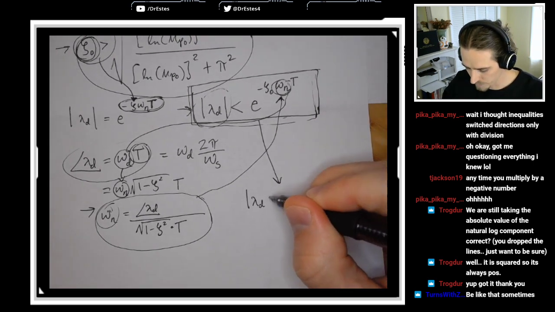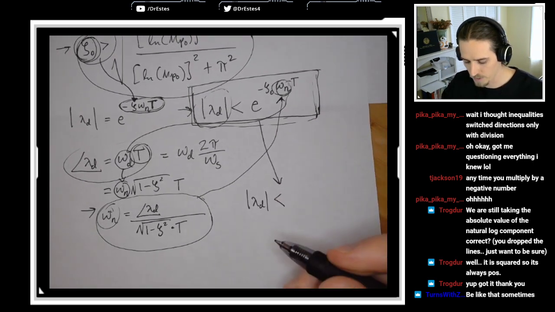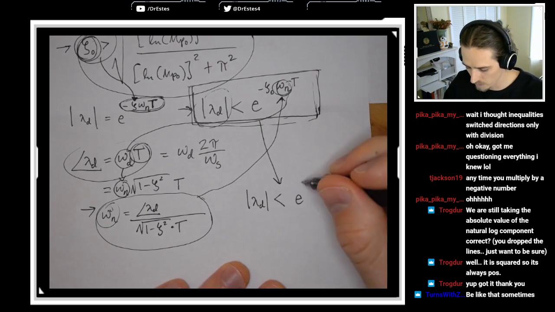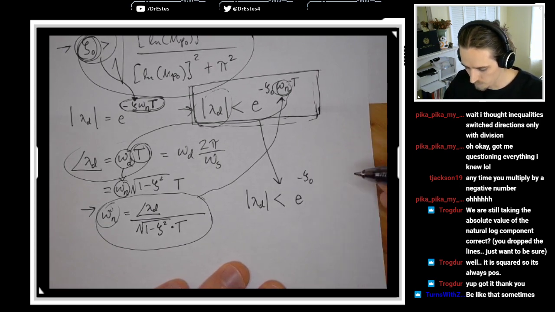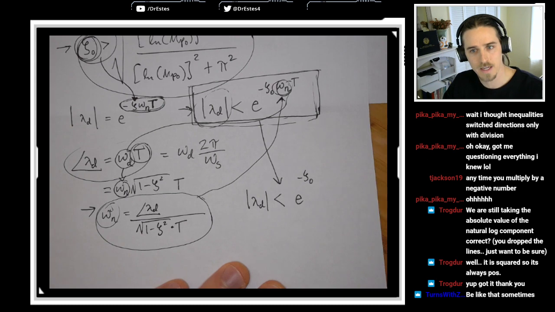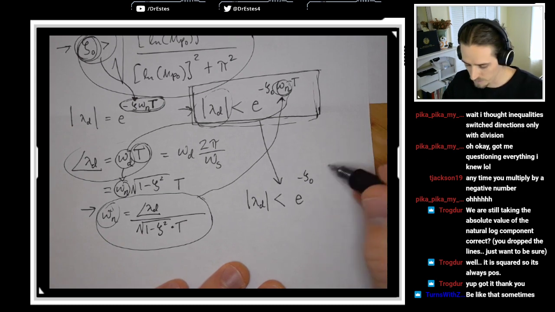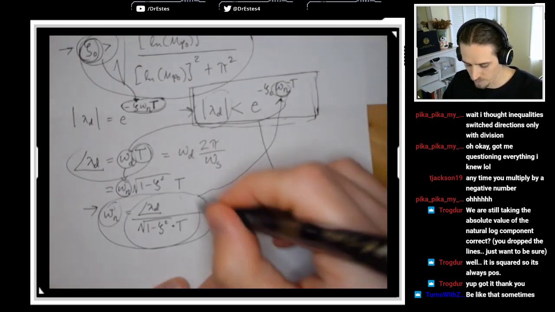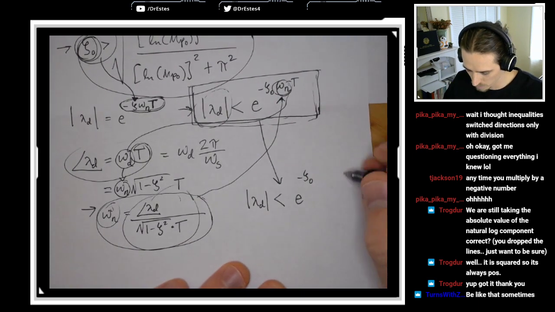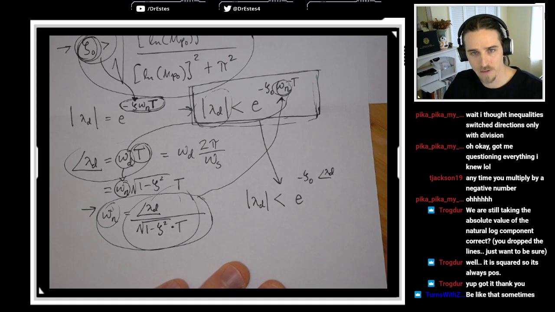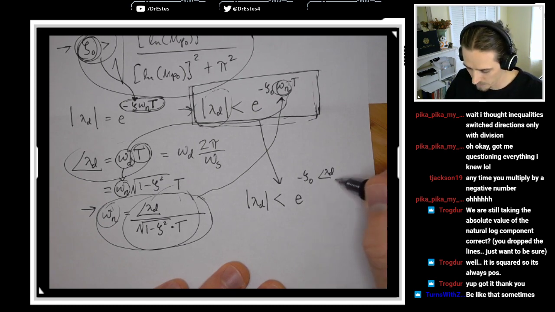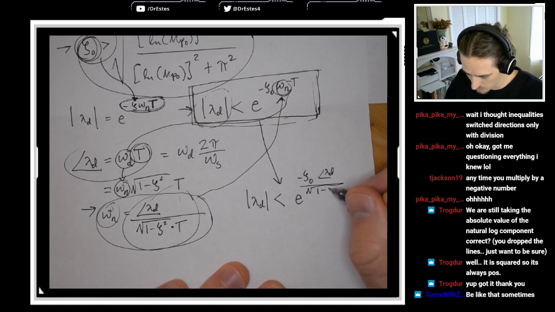Okay, so let's continue. Let's now rewrite this. So the magnitude has to be less than e to the minus damping ratio. Now let's multiply it by this natural frequency that we solved for. So it's going to be the angle, my phase in that complex plane, and then I'm going to divide it by the square root of 1 minus the damping ratio squared.